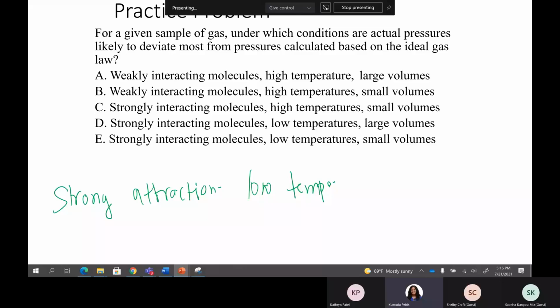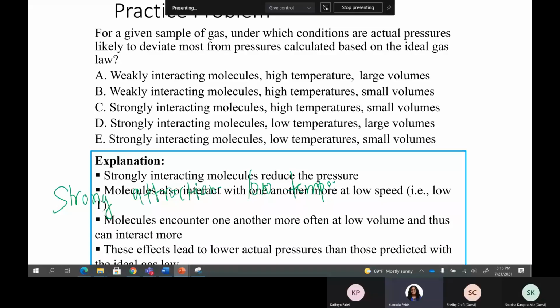But when the volume is large, the interactions get weaker because the molecules are apart, so they act more like an ideal gas. Therefore, the strongly interacting molecules reduce the pressure.